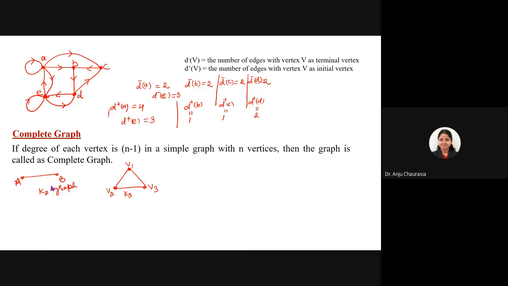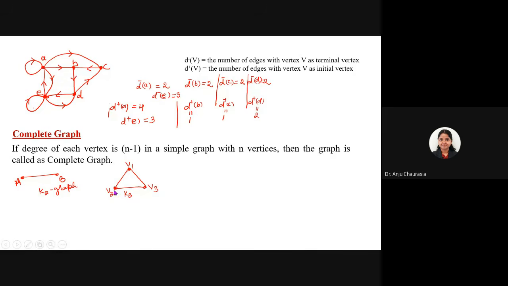Once again, everyone see, this is a graph. How many vertices? n is equal to 3. For being a complete graph, the degree of each vertex must be n minus 1. Degree concept, is everyone clear, who missed yesterday's class? Degree means where direction is not given. How many edges pass through this node? Degree is 2.